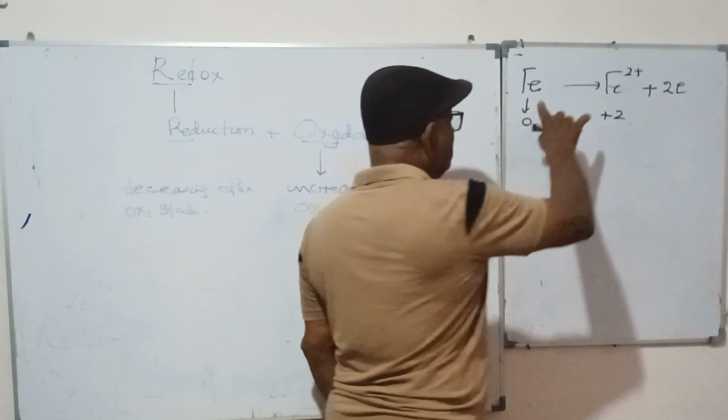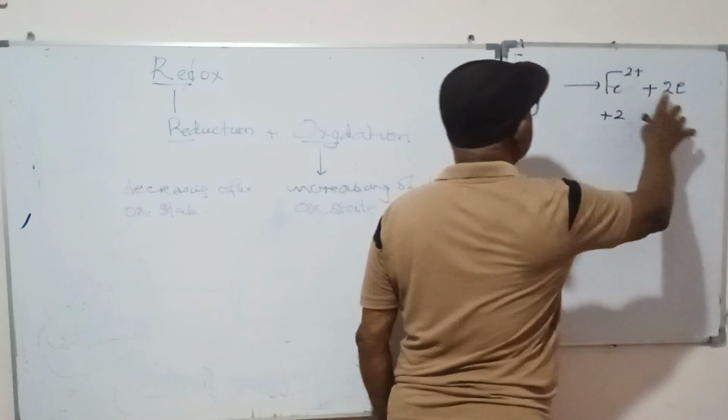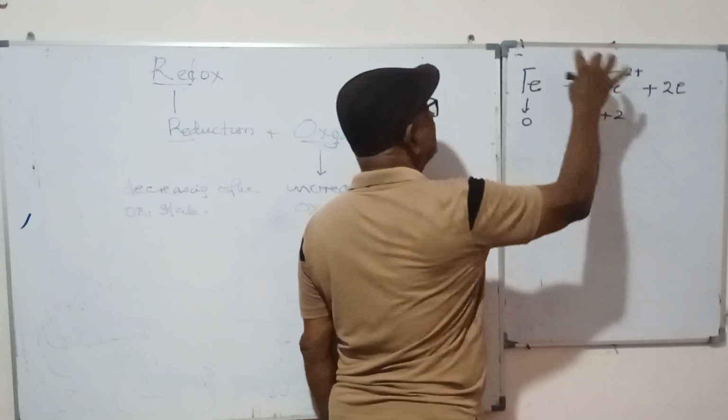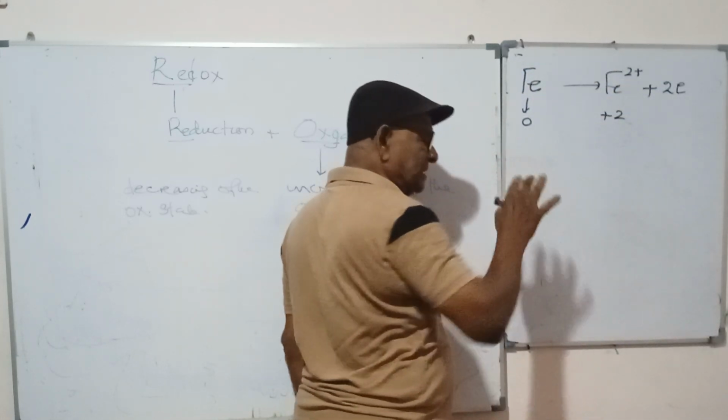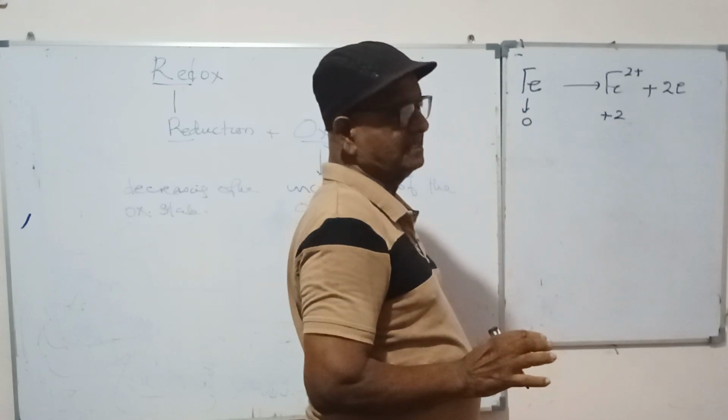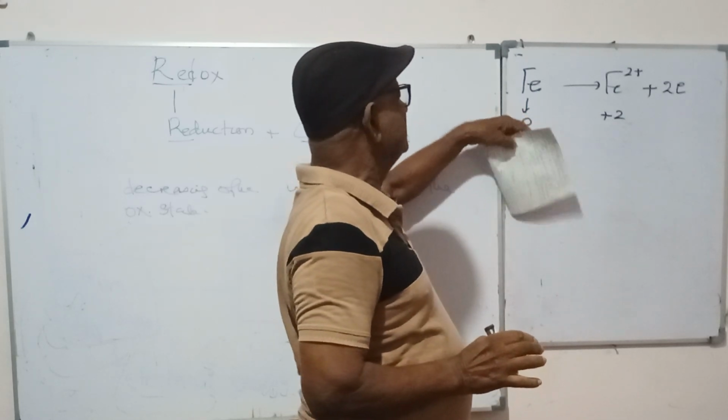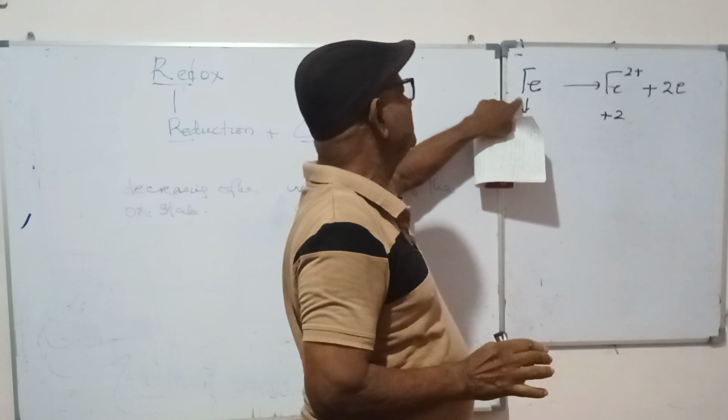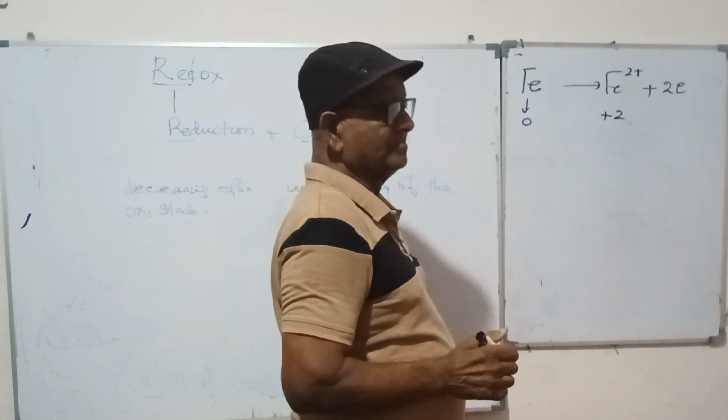Removing electrons to increase the oxidation state, it is the oxidation. So the oxidation half reaction can be shown like this, right?